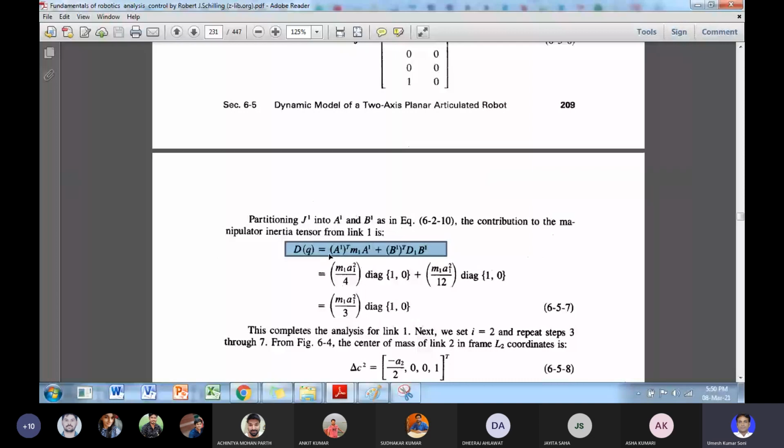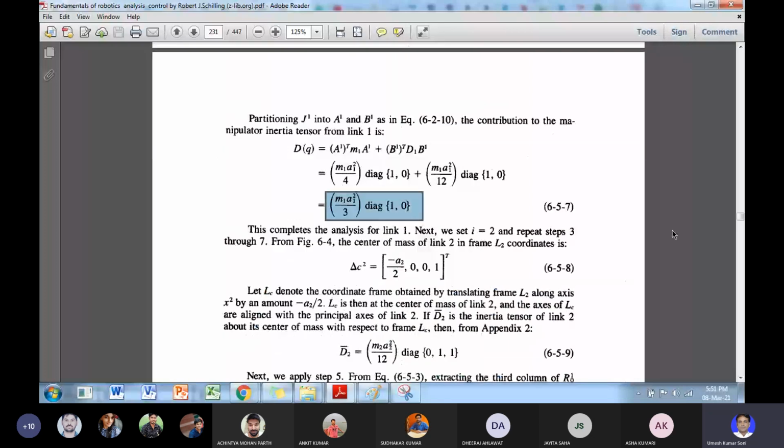So dq is given by A transpose m1 A plus B transpose d1 B. Here b1 is the first link, and the subscript 1 represents the first link. So finally you get the total inertia of the link during the dynamic conditions.